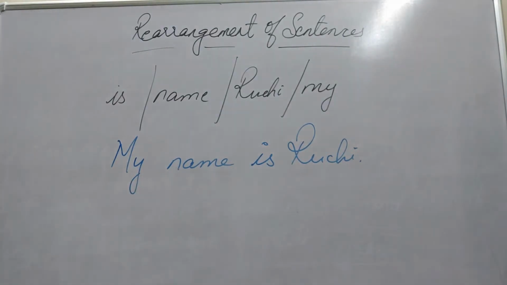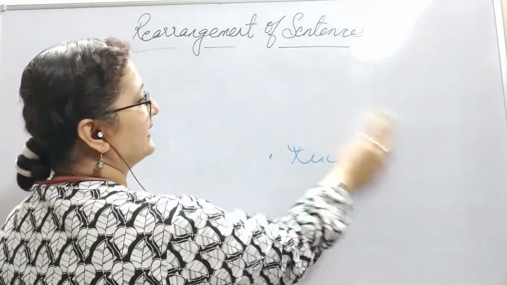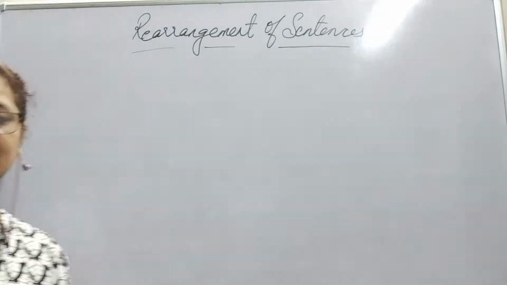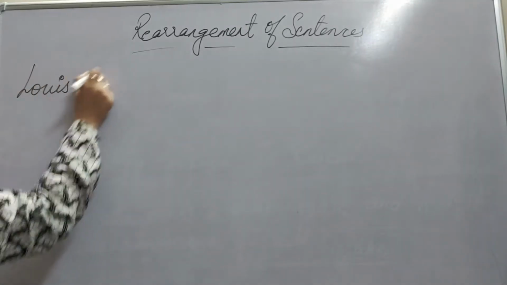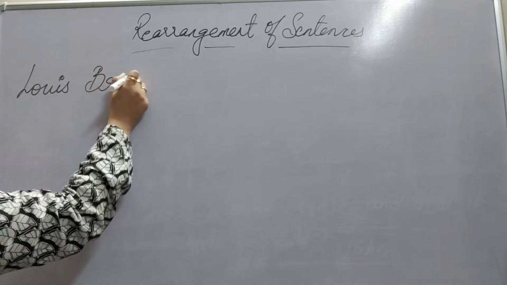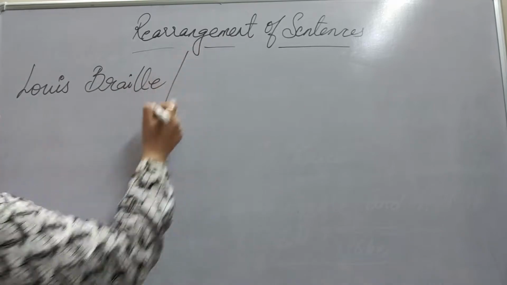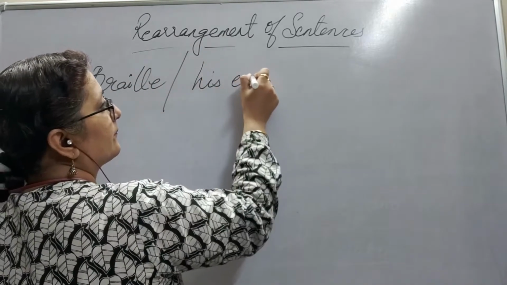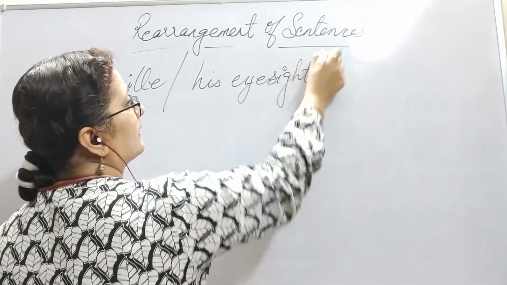Right, since you've got the grip of the game, it's rearrangement of sentences. Now the words have been scrambled up, they've all been dismantled and you have to put them into a proper sentence. Let me give you one example here. Louis Braille, that's one clue. His eyesight, that's yet another clue.